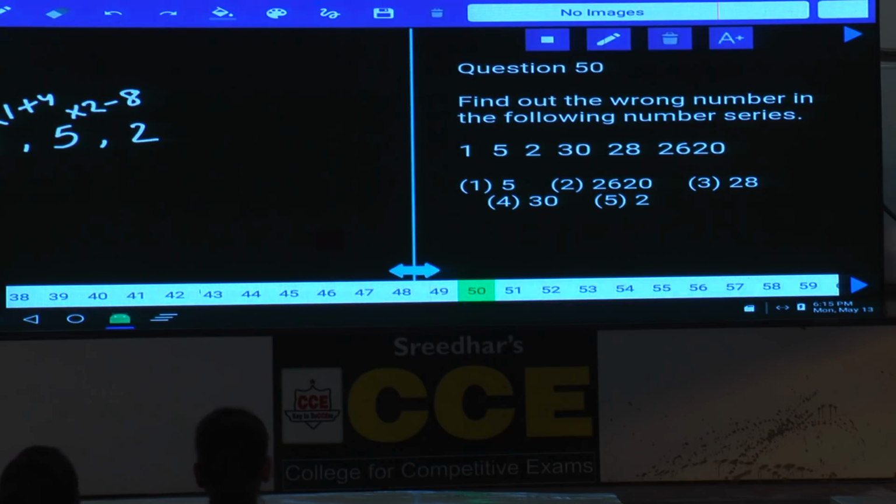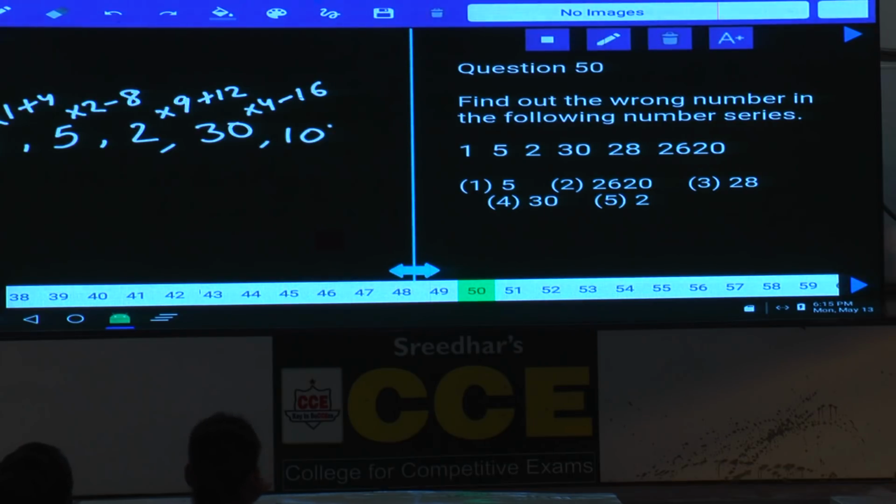Next one, 2 and 30. How can I express this one, 2 and 30? And next one, it has to be multiplied with how much? Now 2 into 9. 2 into 9 is 18. 18 plus 12 is 30. And next one, 30 into 4, isn't it? 30 into 4. Then what's the next number here? 120. 120 minus 16, that is 104.